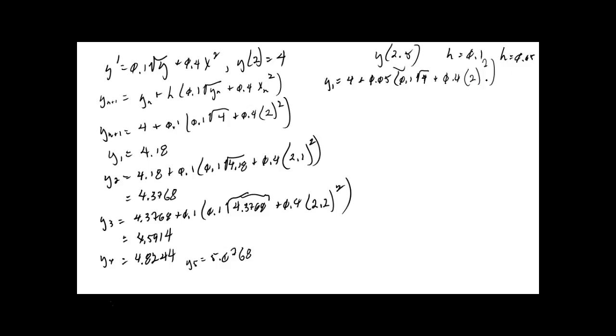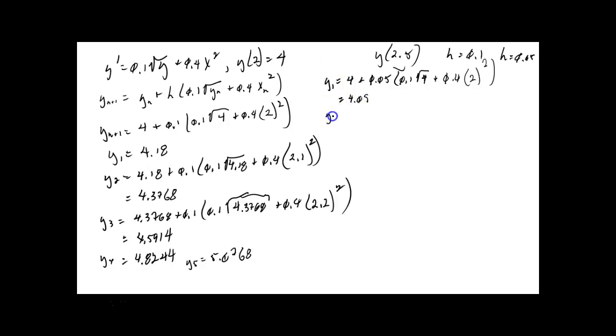And you can do that one almost in your head. Maybe not quite, but pretty close. And come out with a y1 of something considerably less than 4.18. This time it came out 4.09.